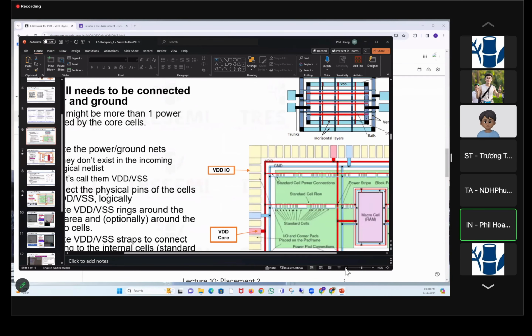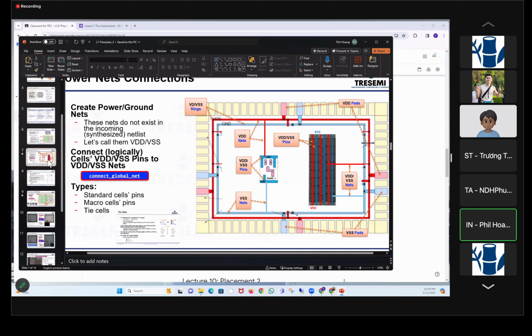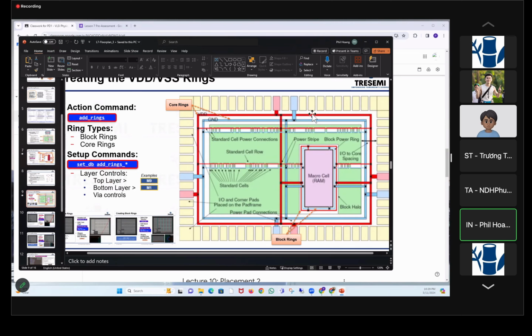Someone asked a question. So there was a question about the core to IO spacing. There's a core to IO spacing, and what determines that?